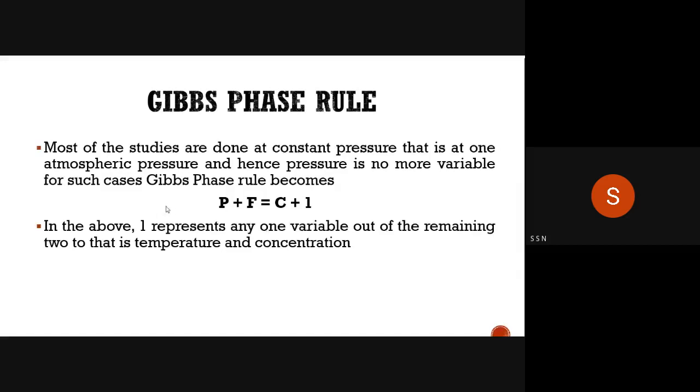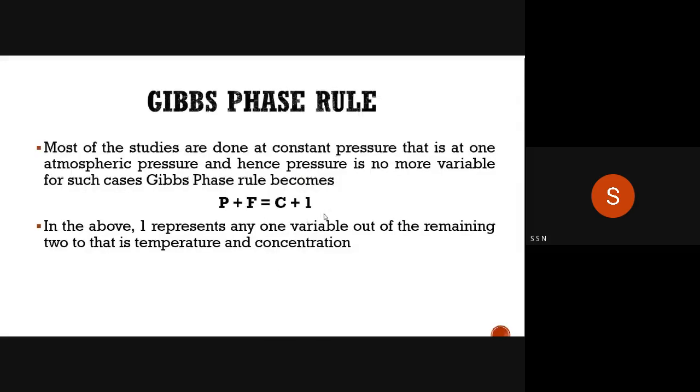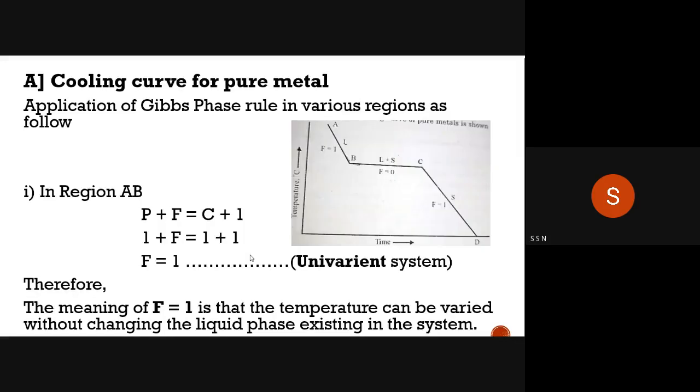Out of the two variables, temperature and concentration, we are taking one variable. That's why 1 is written: P plus F is equal to C plus 1. That 1 represents one variable out of temperature and concentration. So we have applied this Gibbs phase rule to the different types of cooling curves.